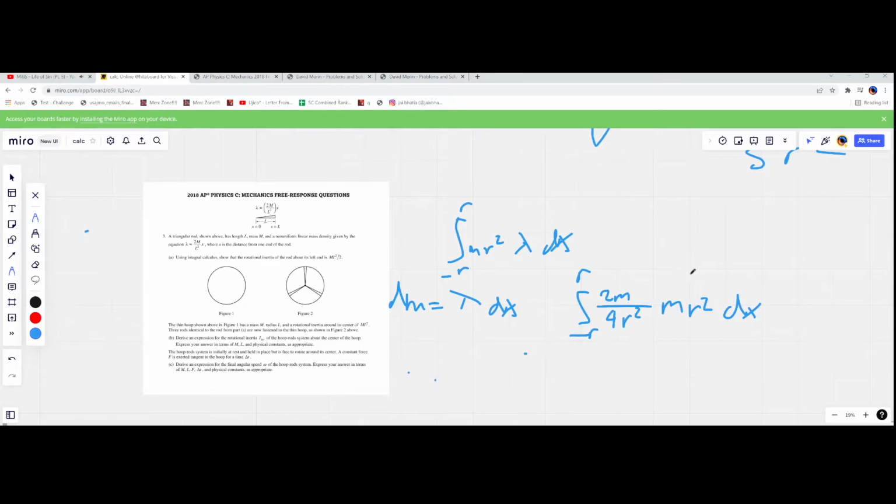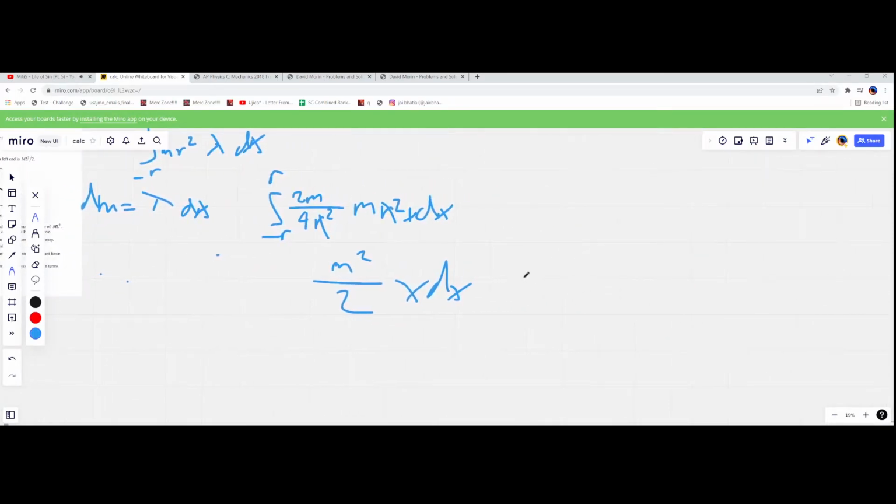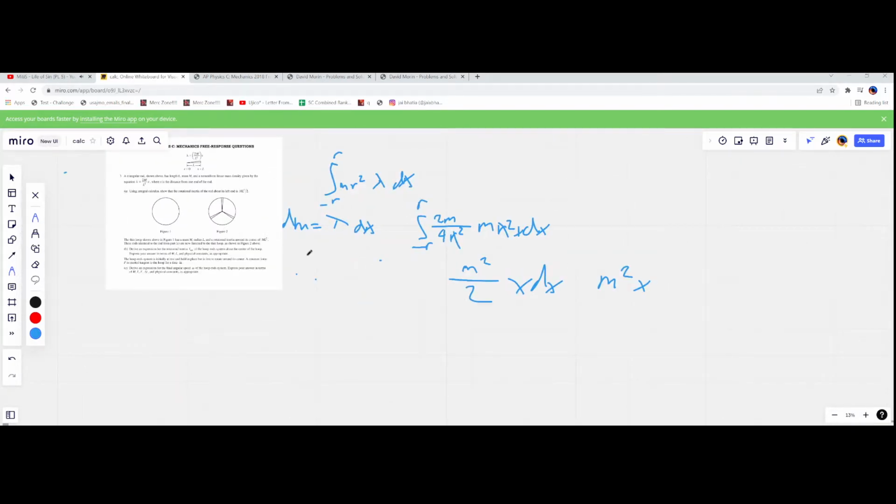Oh, wait, there's also an x. Oh, I see. Okay, so I put an x there, and then this cancels, and then it's m squared over 2x dx. Oh, yeah, it worked. So it becomes m squared x squared. I think one of the m's should have canceled.